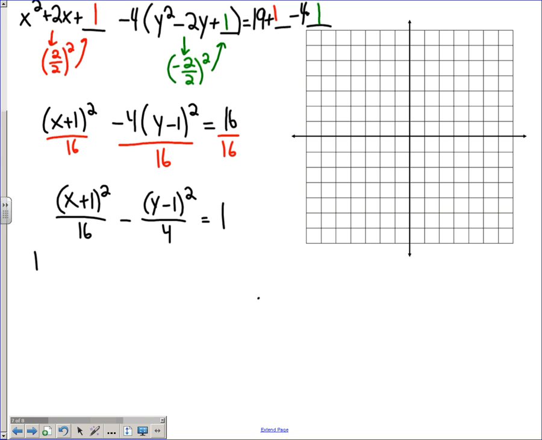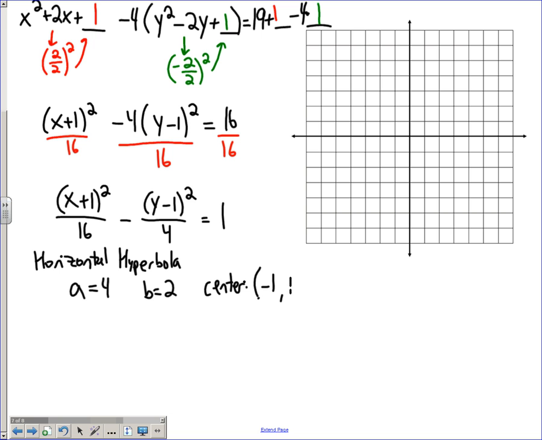So this is a horizontal hyperbola. Because our x squared is positive, it comes first. We know that a goes with the first term, so a is 4, the square root of 16. B is 2, the square root of 4. Our center is given by negative 1, positive 1.